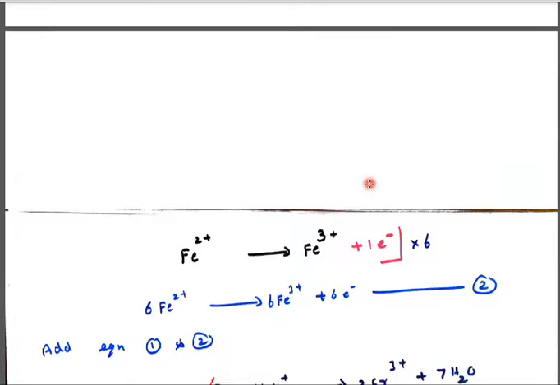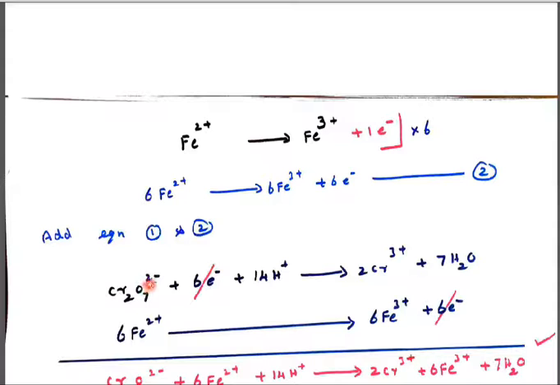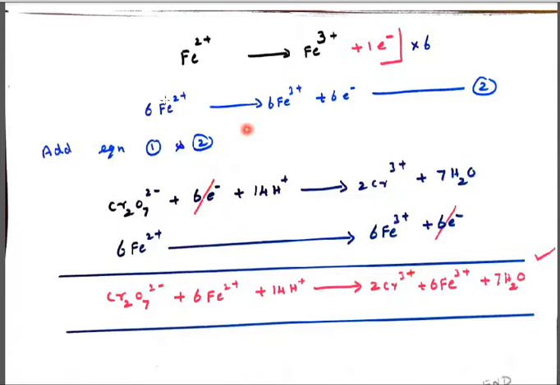Add the first equation and the second equation. First equation: Cr2O7 2 minus plus 6 electrons plus 14H plus gives 2Cr3 plus plus 7H2O, and the second equation: 6Fe2 plus gives 6Fe3 plus plus 6 electrons. Already I told you, reactant sides that are the same are added, product sides that are the same are added, and the same species on opposite sides are cancelled. 6 electrons cancel 6 electrons.